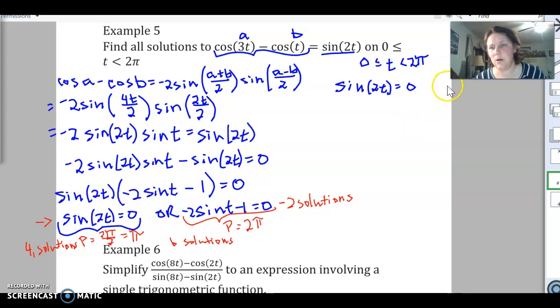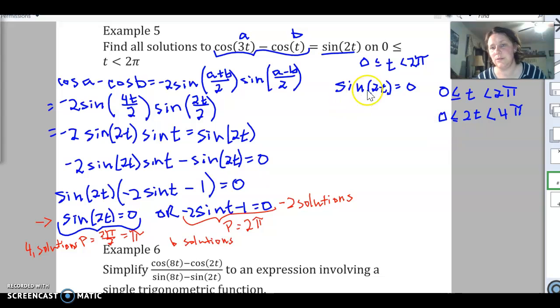If I want my domain to be between 0 and 2 pi for t, let's look at what happens when we change that to 2t. I have to multiply all sides by 2. And look what I get. Now what I'm really getting for all of my solutions for 2t is between 0 and 4 pi.